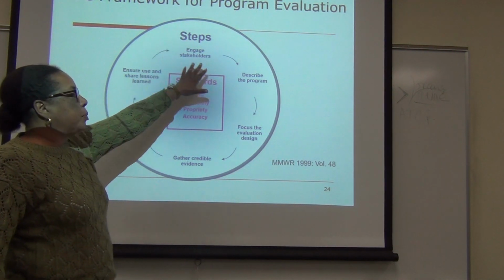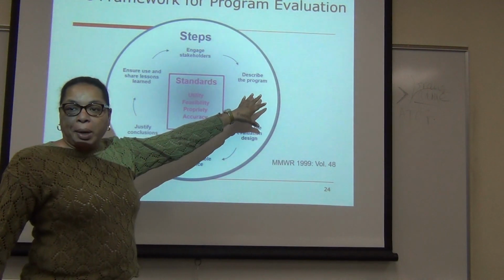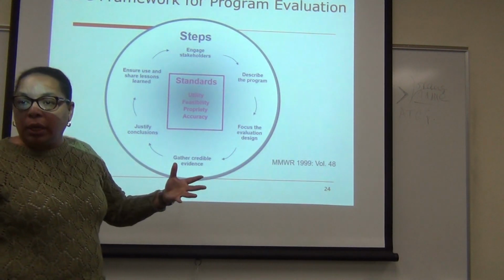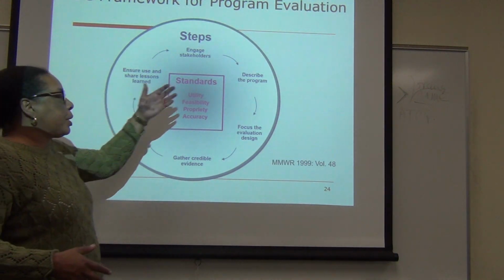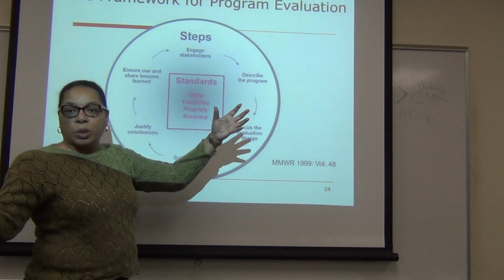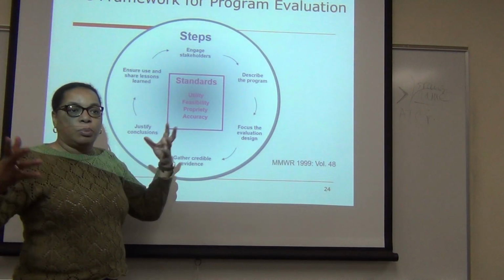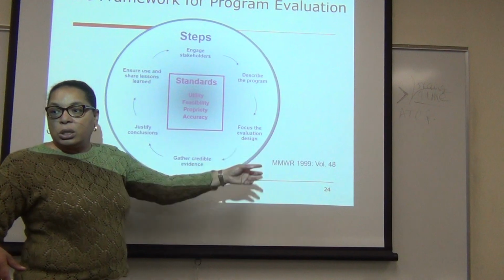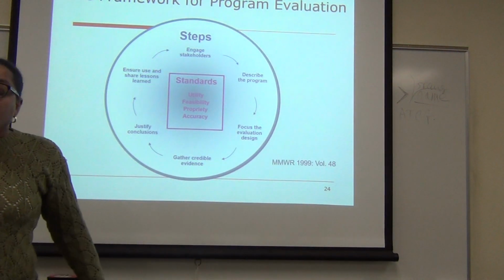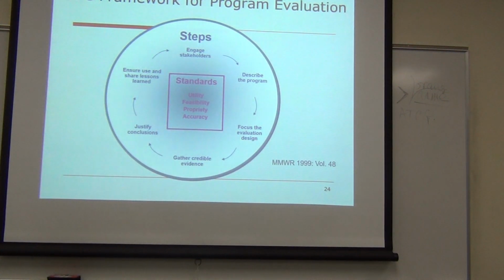Then you describe the program, where your program plan comes into play: here's what the program was designed to do, your objectives, and so on. Then you focus the evaluation design, deciding what it is that you're going to evaluate.